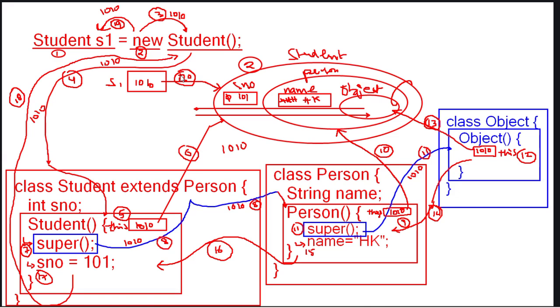Super call has two syntaxes. First one, super parenthesis semicolon, for calling the superclass no-param constructor.